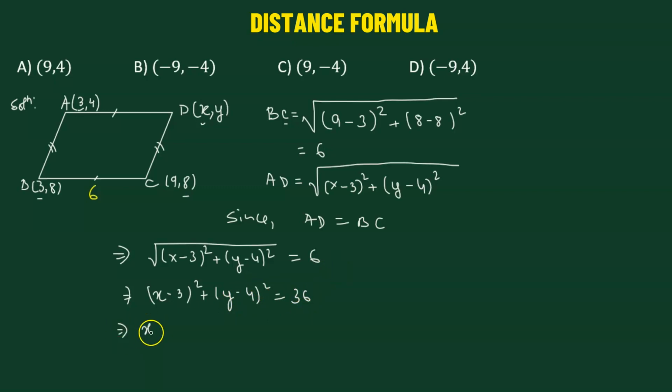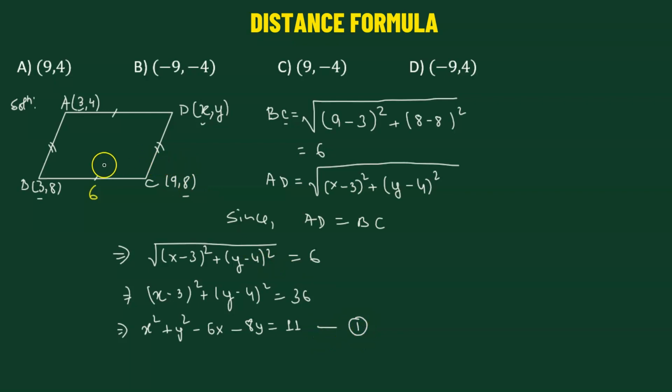That will be x squared plus y squared minus 6x minus 8y plus, we have 3 squared and 4 squared, so 9 plus 16, that's 25, equals 36. If we combine 25 and 36, that's going to give us 11 on the right hand side. We're going to label this as number 1.